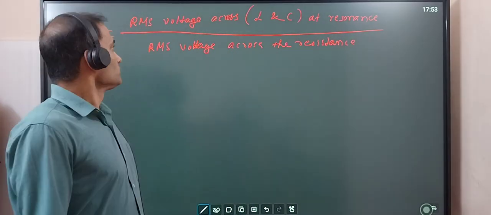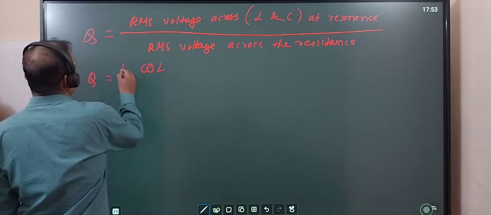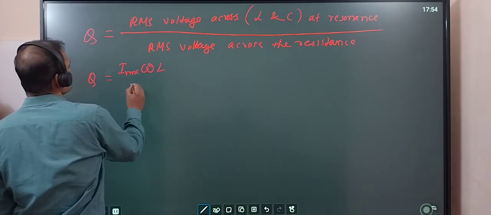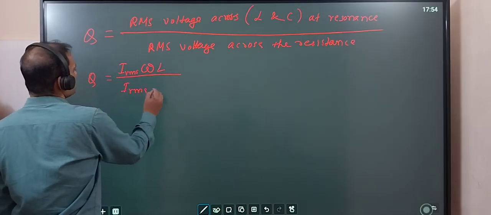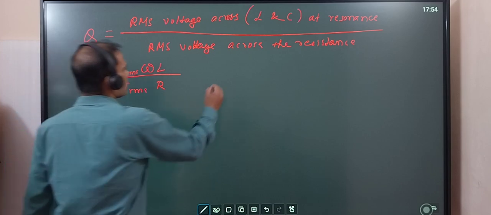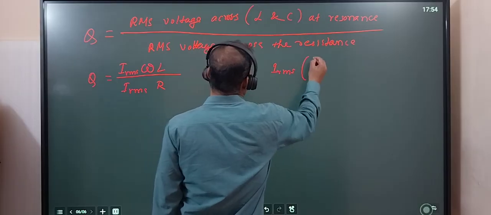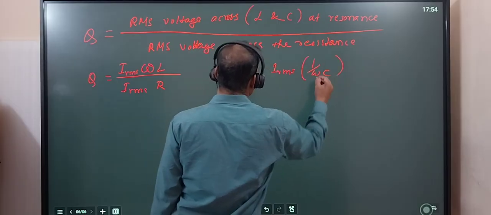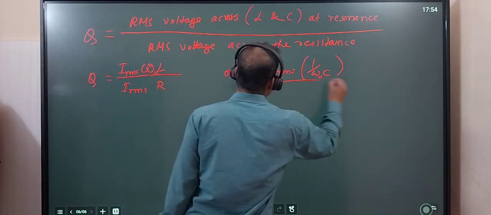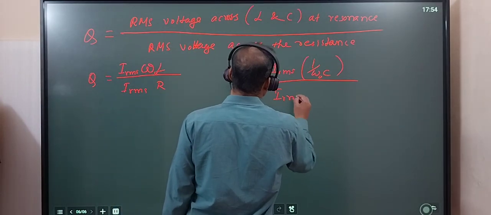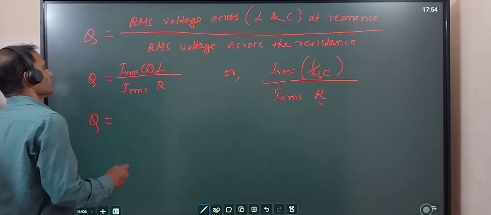Okay, so this is omega L I RMS by I RMS into R. Okay, or I RMS times 1 by omega C, I will write omega naught, okay, we are talking about resonance, by I RMS into R. Let us see what we are going to get.